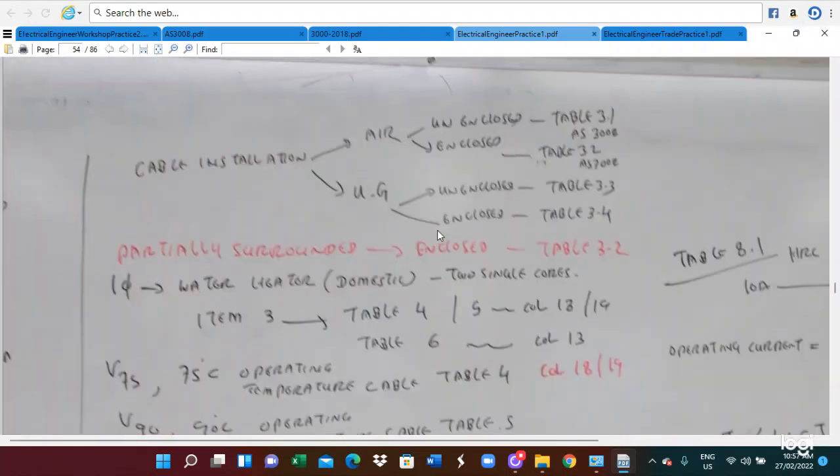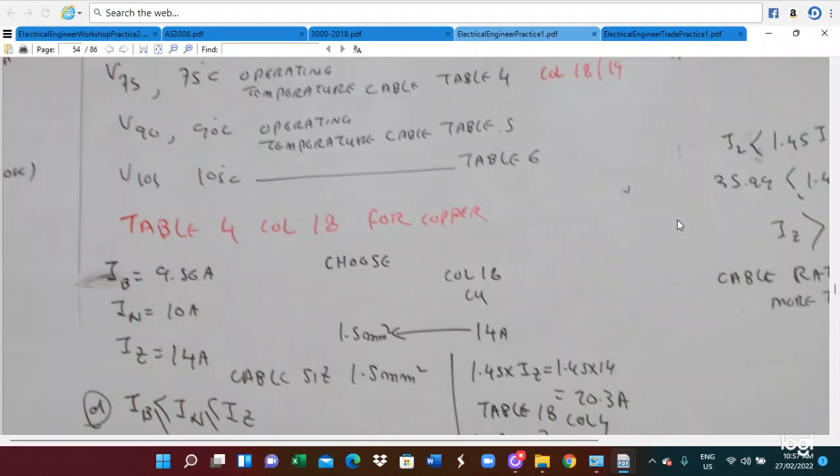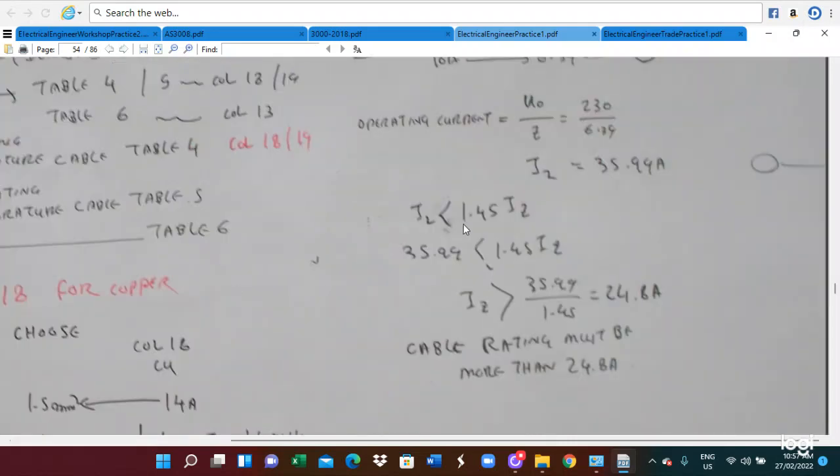Utilize this equation: IZ equal to I2 must be less than the 1/4 like IZ. So from here you get the IZ. Based on this IZ value, we use AS 3008. They were 3/2 because of partially surrounded, enclosed in L. And from this equation, we can select the appropriate cable size.